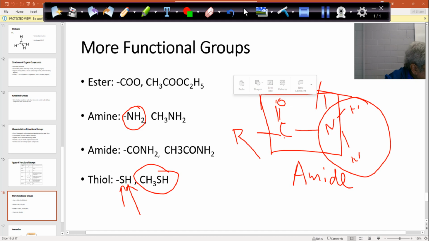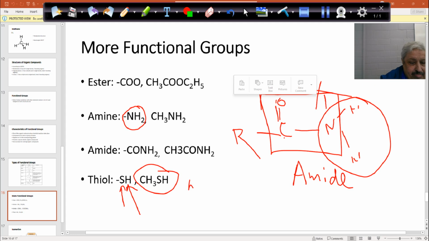The structure is methane, you can relate the whole thing to methane. So we can call this thiomethane or methyl thiol.